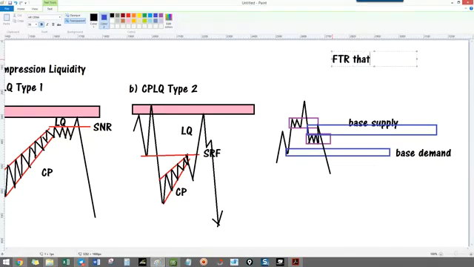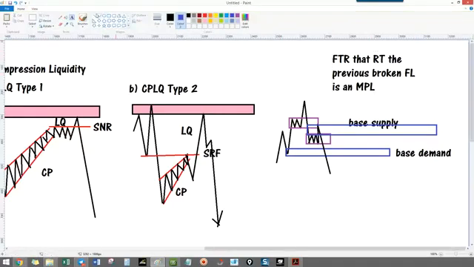FTR that retraces the previous broken flat limit is an MPL. This is an MPL now.